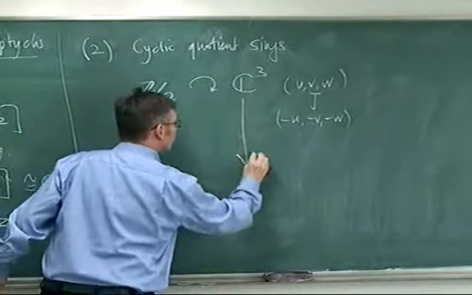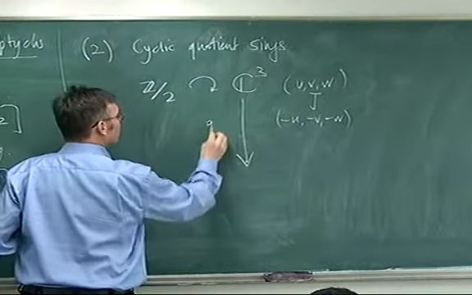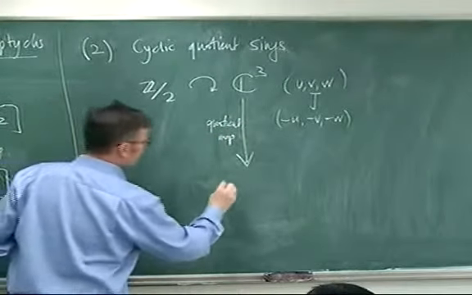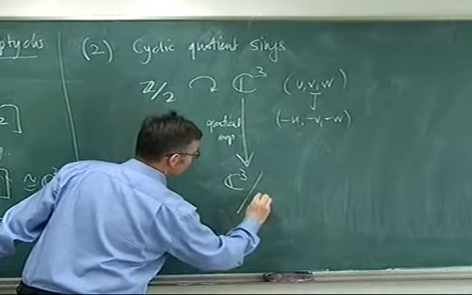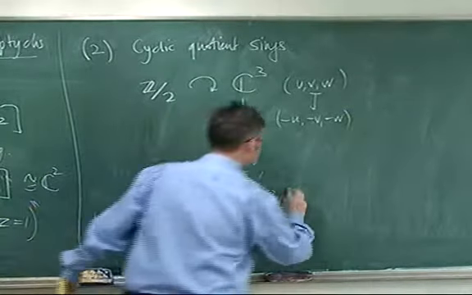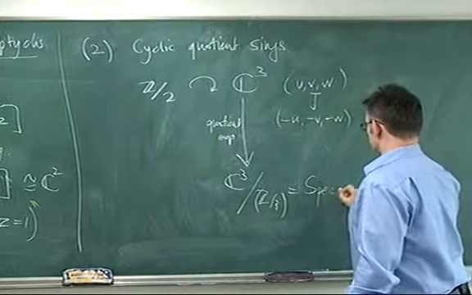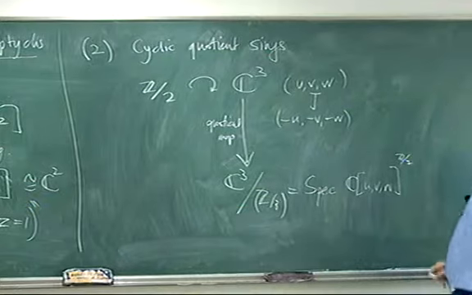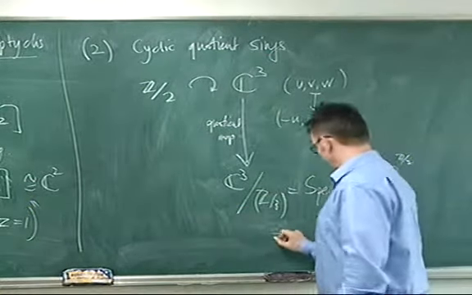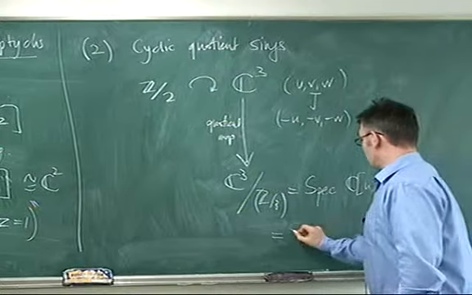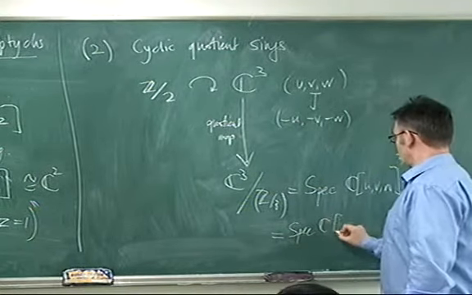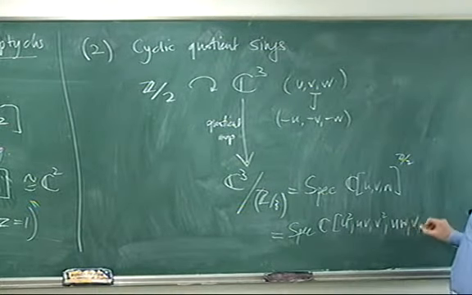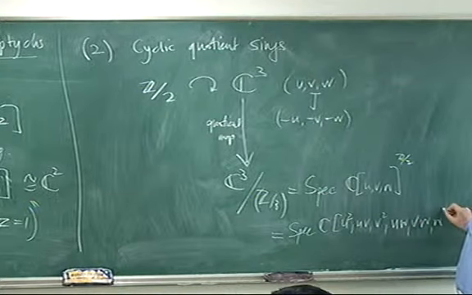There's a little quotient there, the quotient map C3 mod Z2, and it's the Spec of the invariants, and I bet you've done the calculation, which is Spec of u squared, uv, v squared, uw, vw, and w squared.